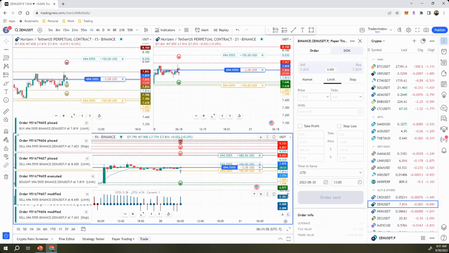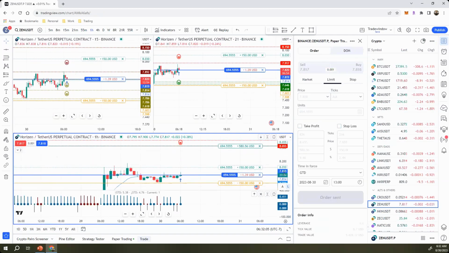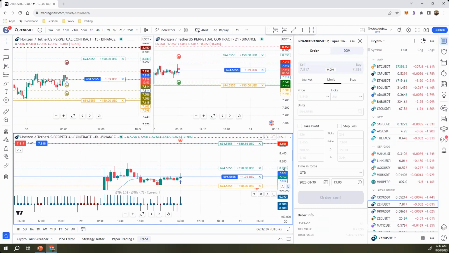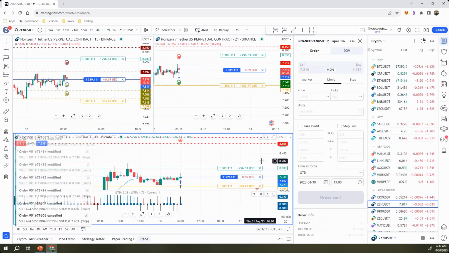And it looks like the trade did trigger, or at least one of them did. We'll see if both do. Okay, it looks like they both did. And as you saw firsthand, TradingView does not have the capability of having multiple exits.